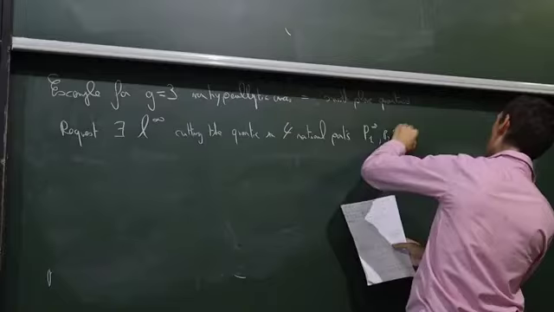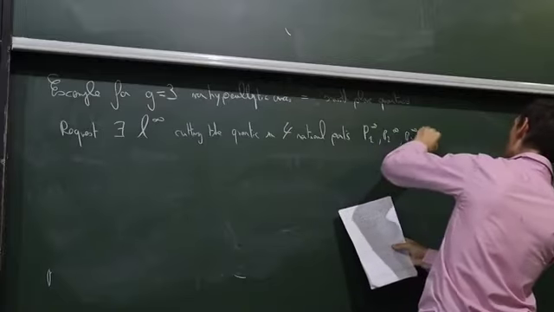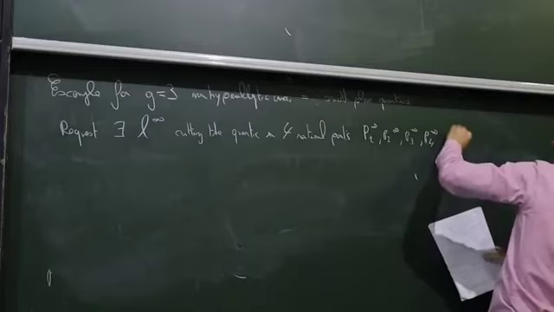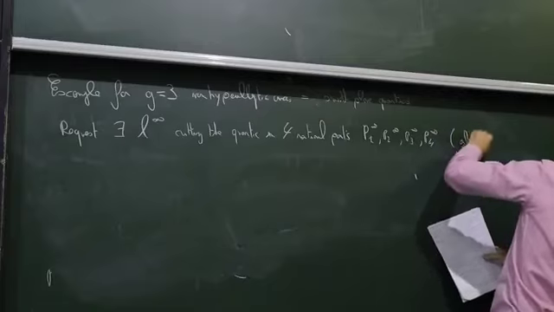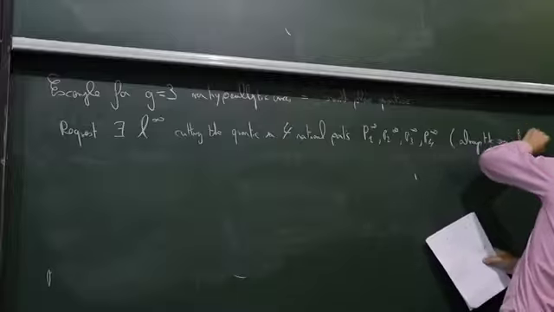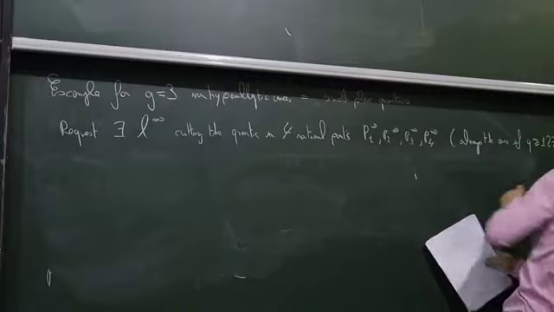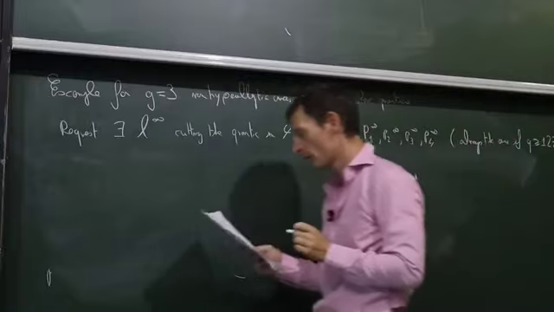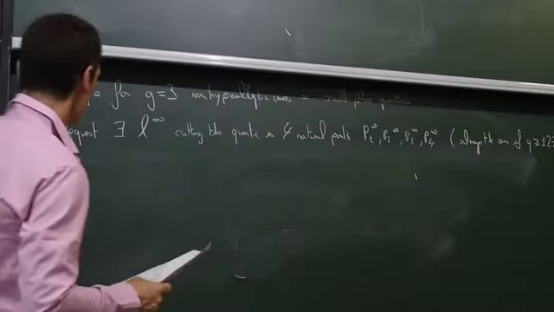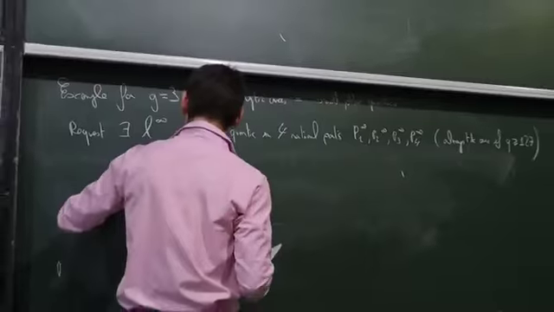I make this assumption, and one can prove that this is always the case if Q is large enough, meaning greater or equal to 127. So I'm going to assume this, and you will see that it simplifies the algorithm.